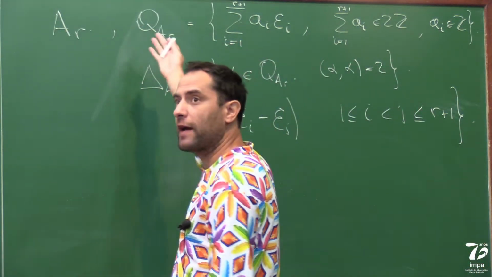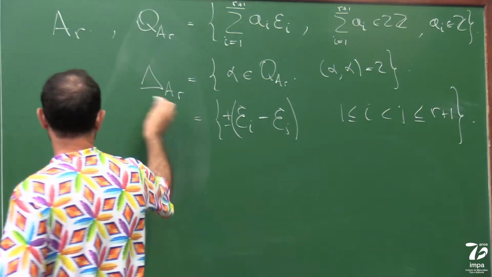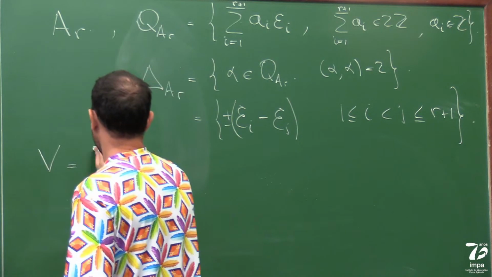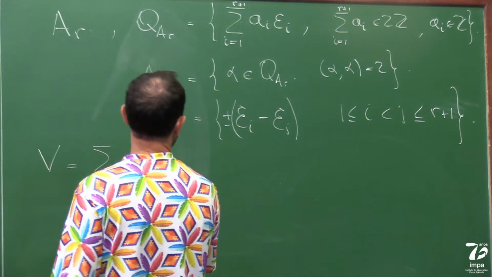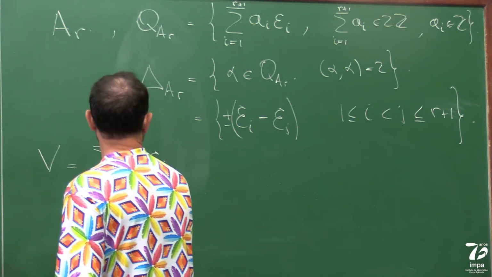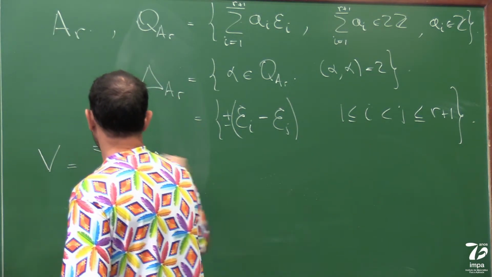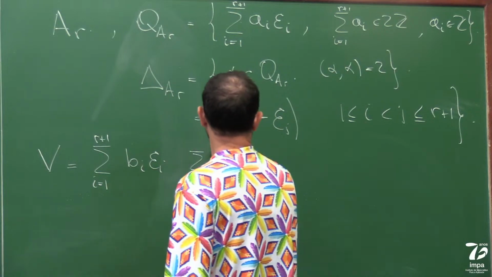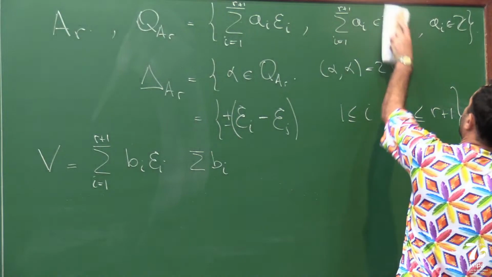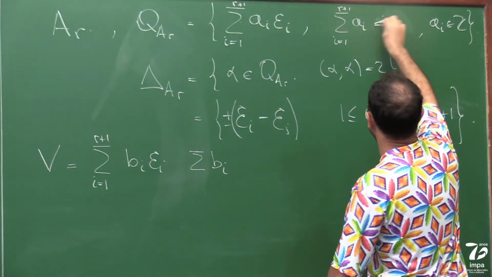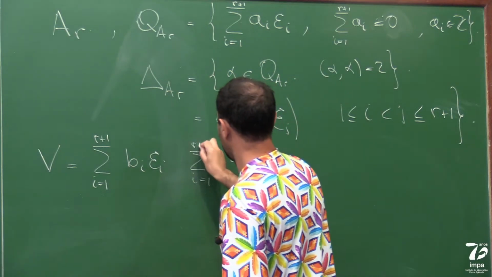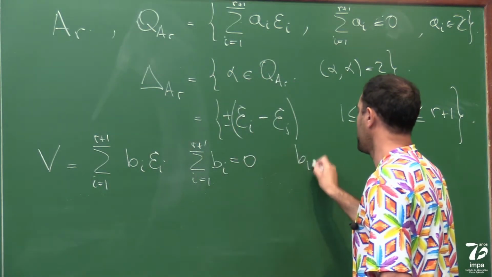This is inside of a vector space. The vector space V is of dimension r. And this consists of the sum of, probably a_i is a bad idea, let me call it b_i epsilon_i, i equals 1 up to r plus 1, where the sum of the b_i's is 0, and b_i is real.